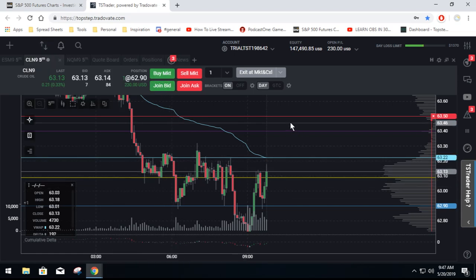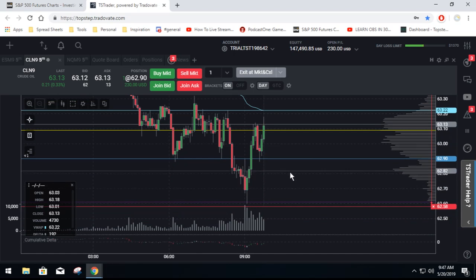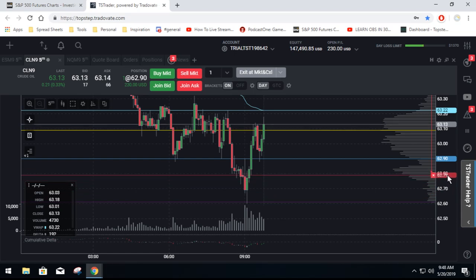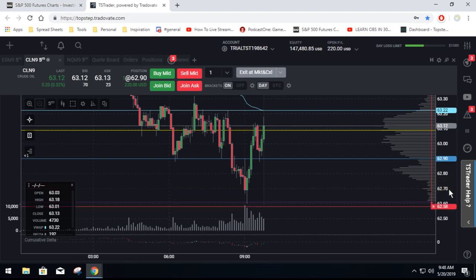We have the POC behind us, we have value area, we have entry at 90. We roll our stops back to the upside. So the original entry was that, so we used 20 points of risk.